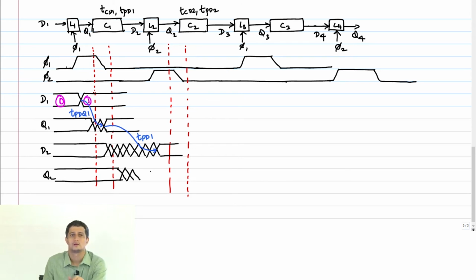Huh? Yeah, it cannot because the clock has not yet risen, L2 is opaque. It is holding the previous state, right? It is holding event, which event here? Holding event 0 here, right? Even this was holding event 0, correct? So therefore, this guy will wait all the way till the clock rises.